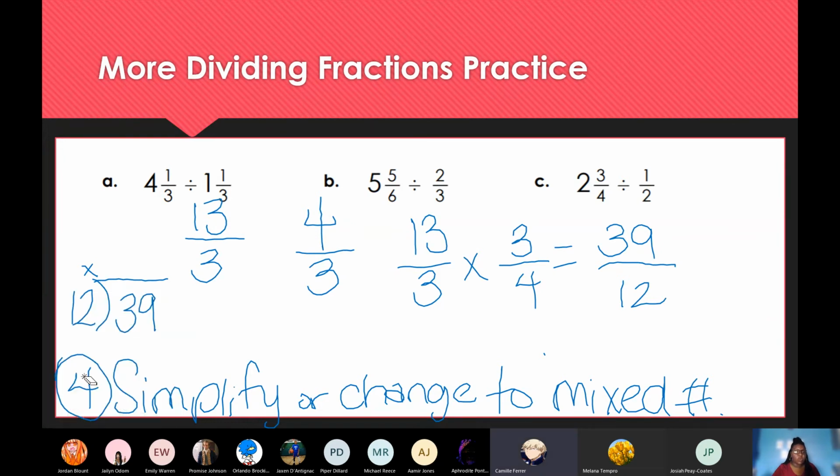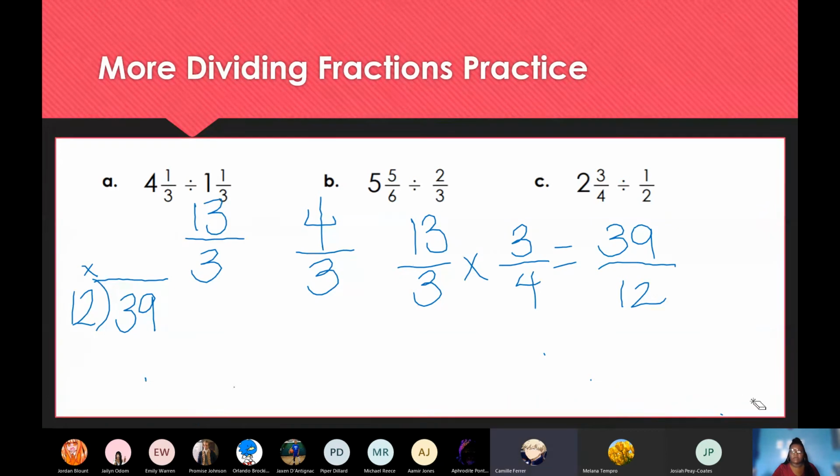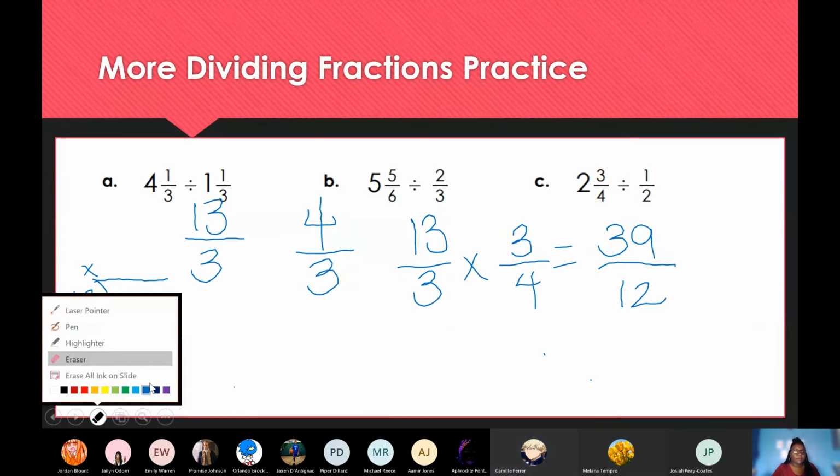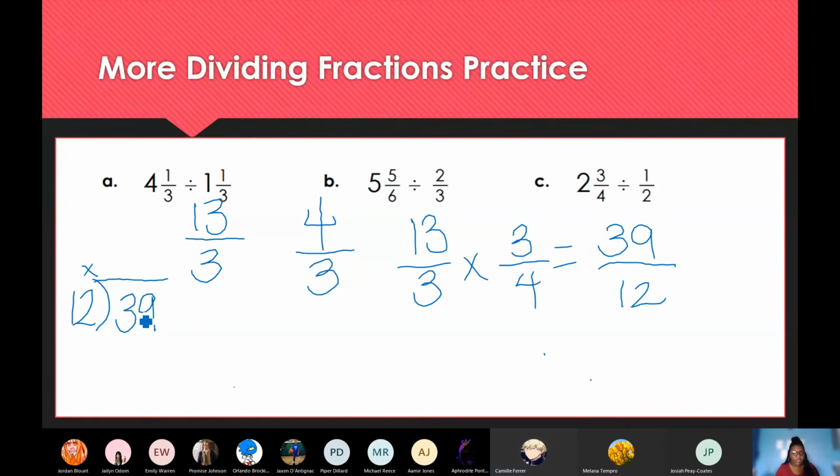Yep. And what is 12 times 3? 36. Very good. So we're going to write our 3 up here. 12 times 3 is 36. We're going to subtract.